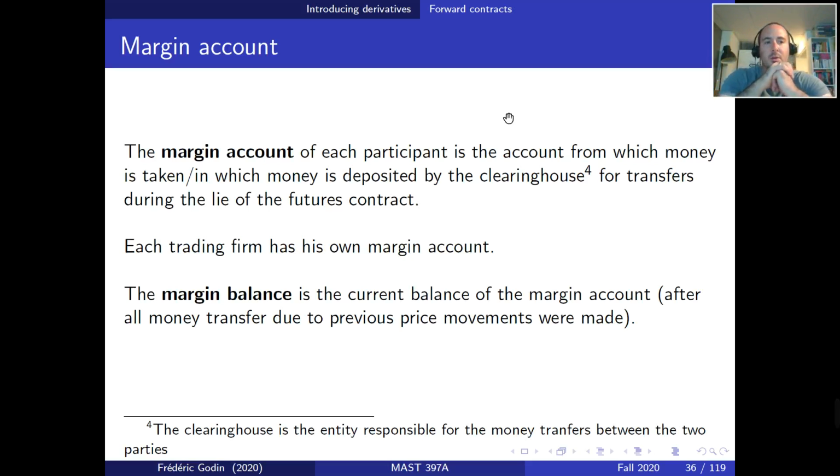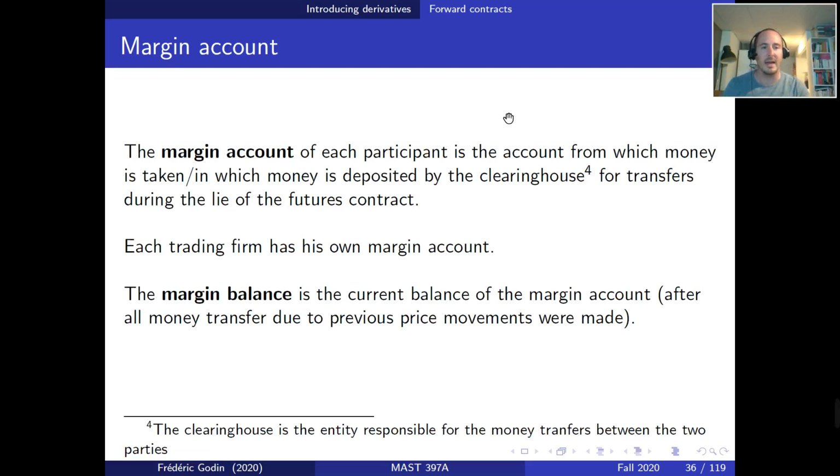Okay, so the margin account is the account in which the money is taken or the money is deposited every time a payment is due from one party to the other due to the futures contract. Okay, so each firm that enters into futures positions has their margin account.